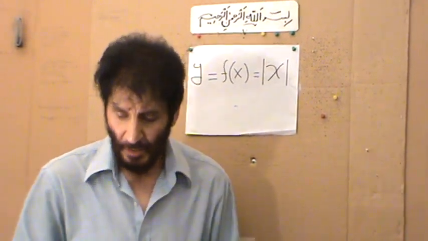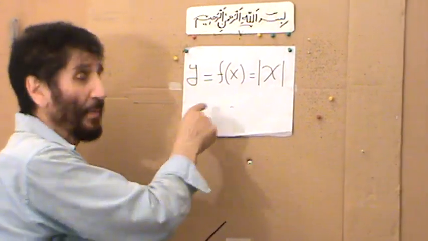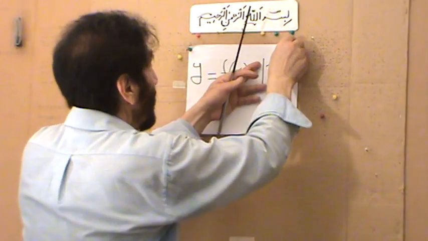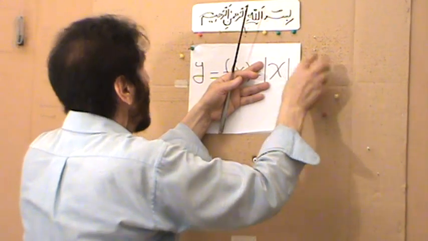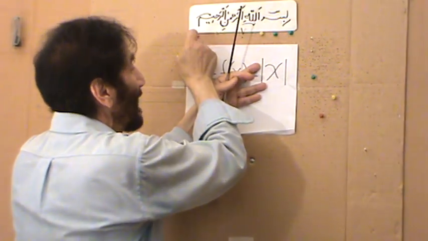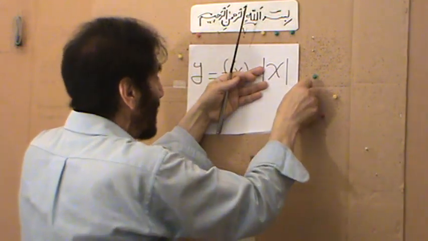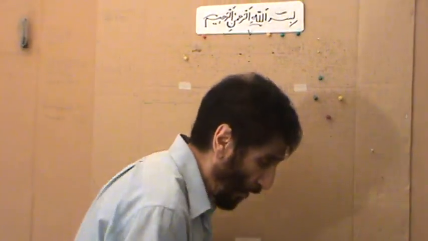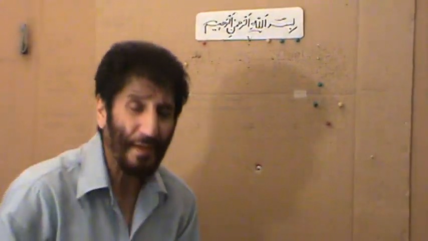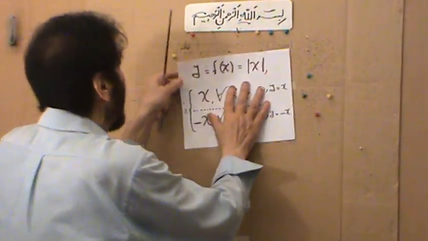The other way to interpret this function is to use the definition of absolute value, and at this stage of the course, students are already familiar with that definition.